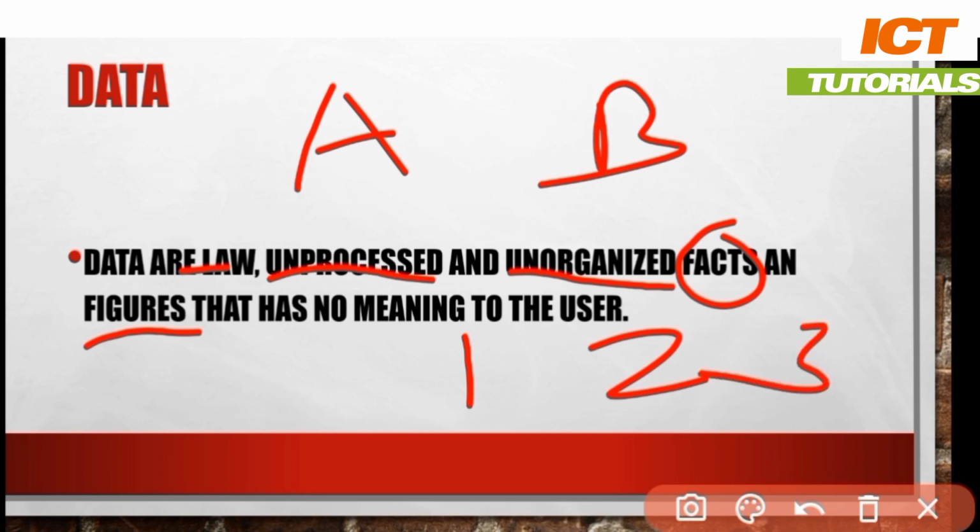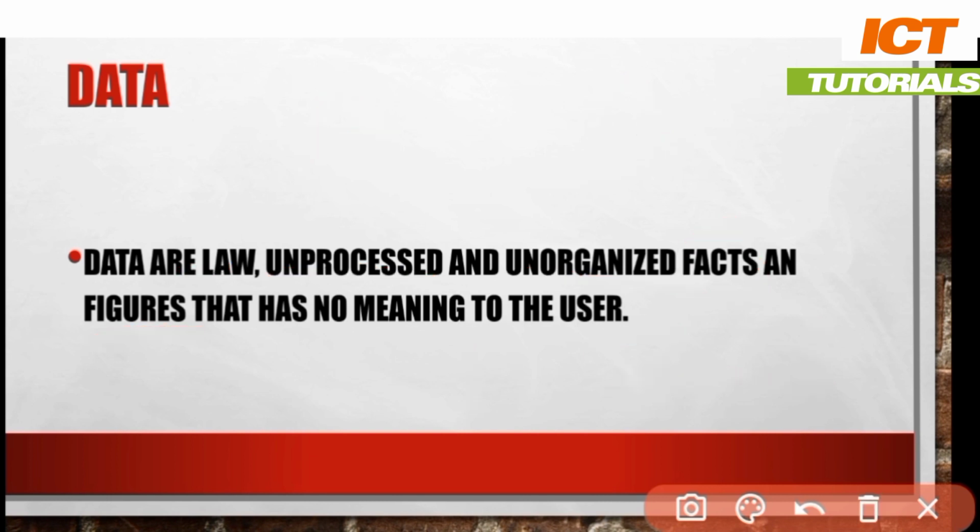But when it comes to the computer, the data are raw, unprocessed and unorganized facts, and they have no meaning to the user. When you click on them or when you have them, they have no meaning. But when they get inputted to the computer, it does the processing and produces the output. That's from the definition of the term of the computer.